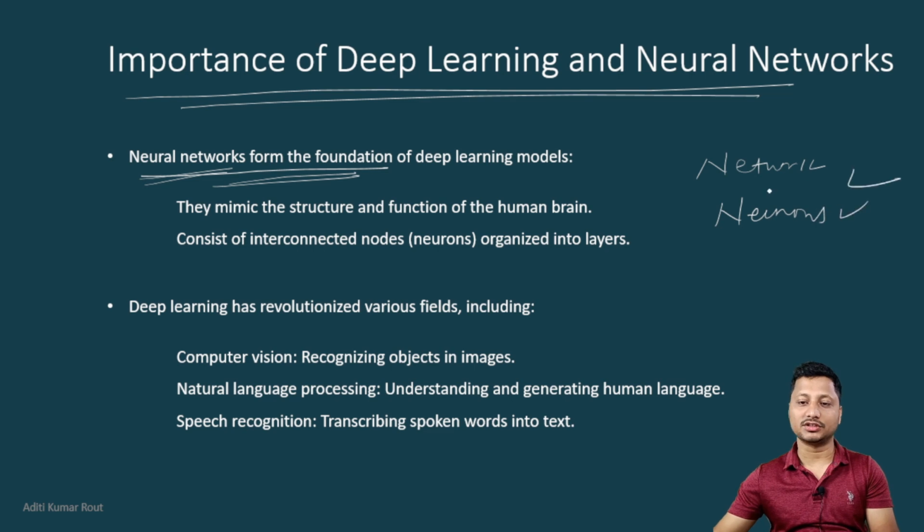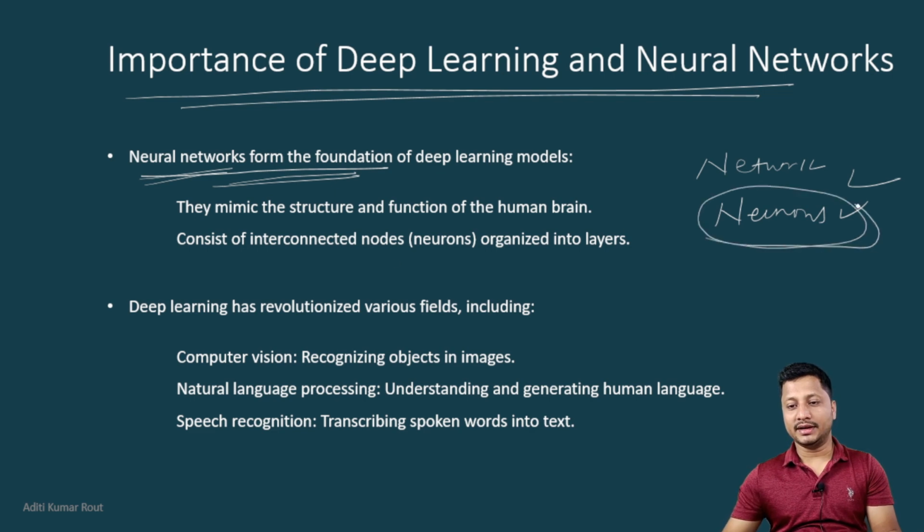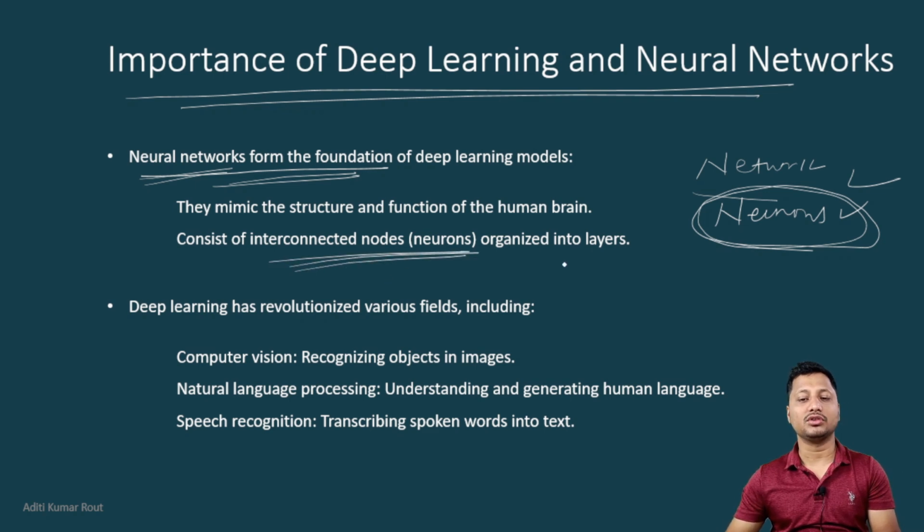A neuron is an individual entity, a mathematical concept, meaning a fundamental thing expressed in mathematical language. A network is interconnected nodes of neurons organized into layers. This is the neural network, the network of neurons.